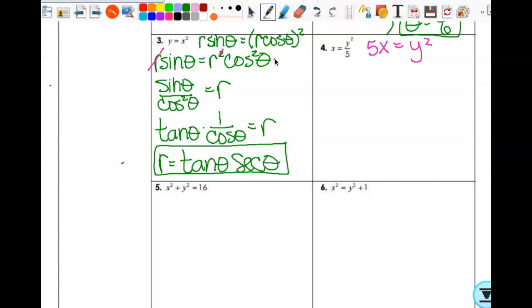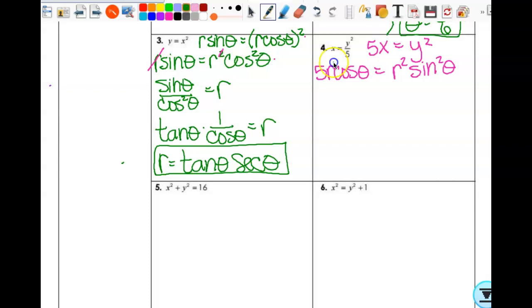But when I substitute in x, that's just 5 times r cosine theta. And when I substitute in y, that's going to make that r squared sine squared theta. If you need to write this kind of stuff, that's fine, but I don't know that you necessarily need to. So then, modeling the same thing we did over here, what are we going to do first?